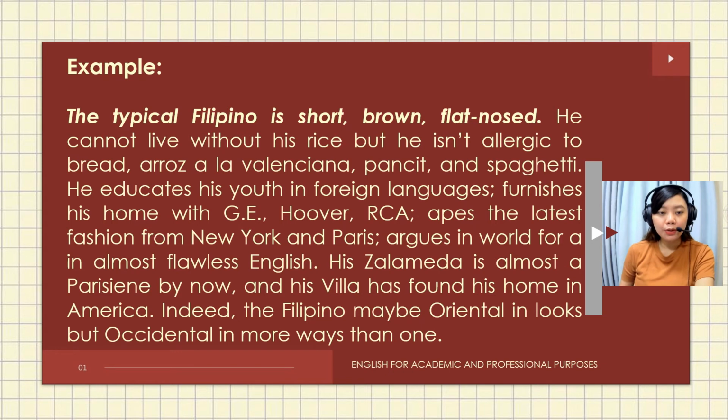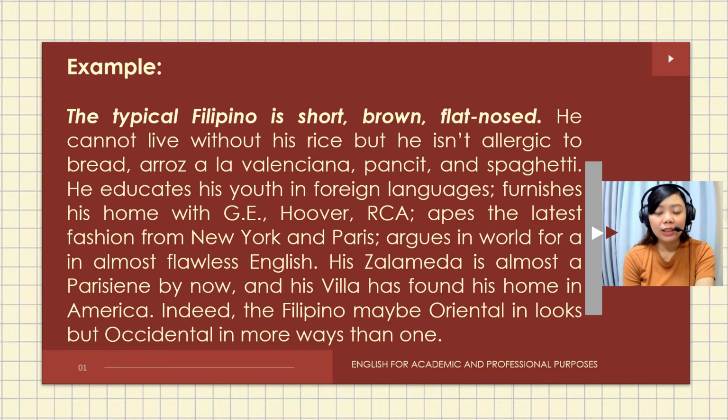So if you will notice, the thesis statement is the first sentence because it tackles the main idea, which is who a typical Filipino is. So, typical Filipino is the topic in this sentence. That's why in the remaining sentences of this example, it always uses the pronoun he, because it refers to the main topic again, the typical Filipino.